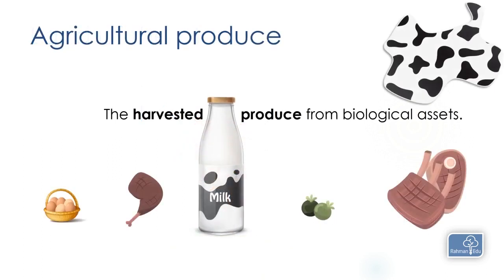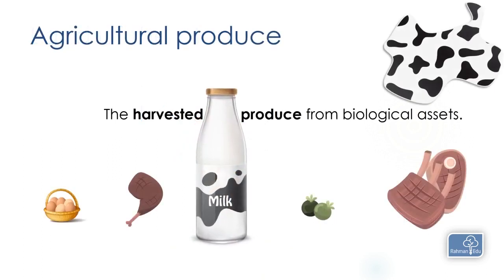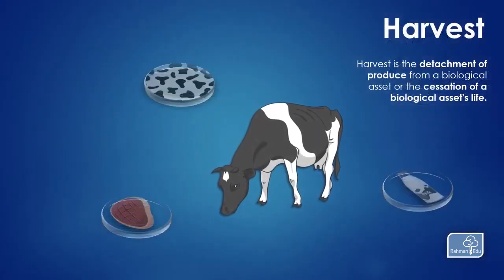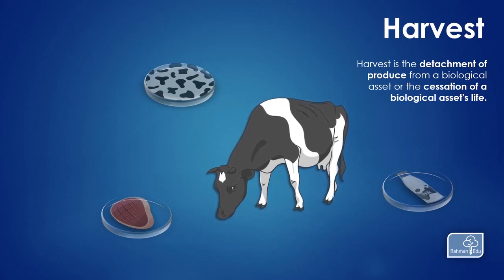The next thing that you need to understand is what is an agricultural produce. An agricultural produce is the harvested produce from a biological asset, such as milk, meat, eggs, etc. And what is a harvest? Harvest is the process of detachment of produce from a biological asset or the end of the biological asset's life.